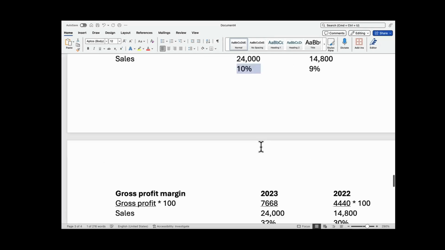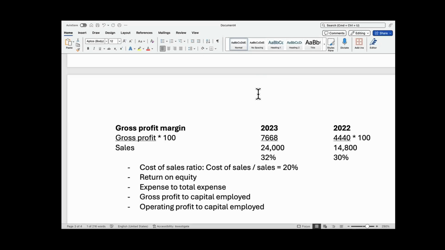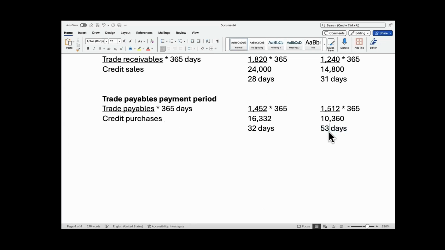It's a little efficient, we can say it's a strong company and doing very well in sales, which might explain why he has 32 days from his suppliers. Why is it taking him 32 days? Because probably the supplier allowed him to do that. We can justify an extended credit period from that standpoint.